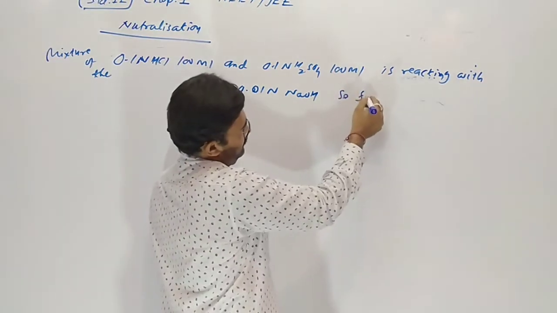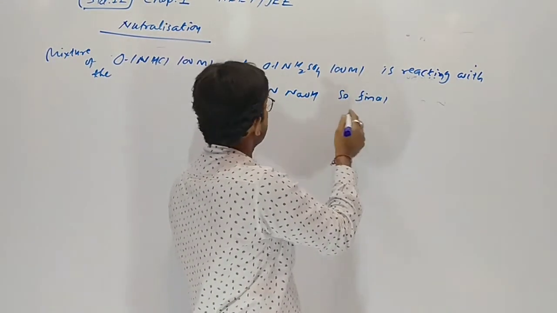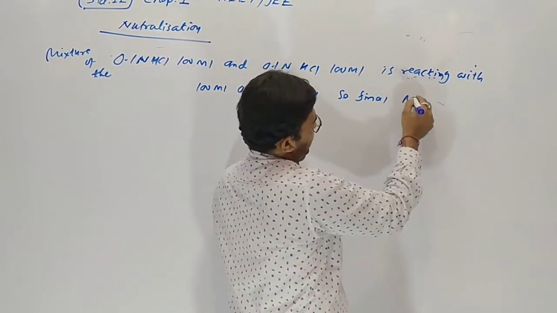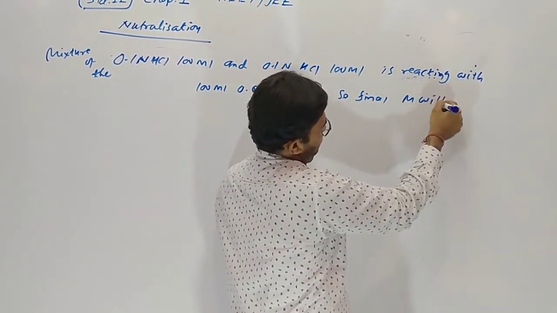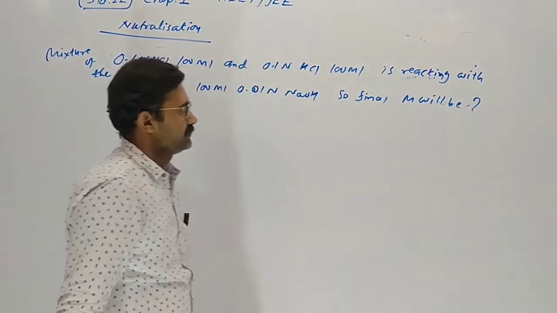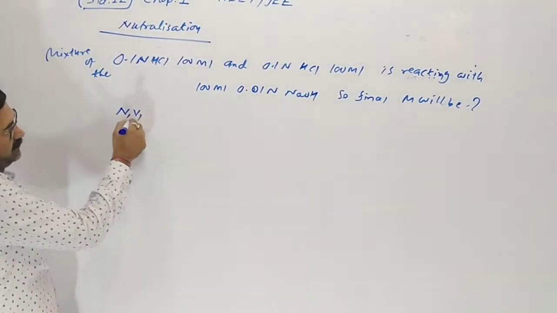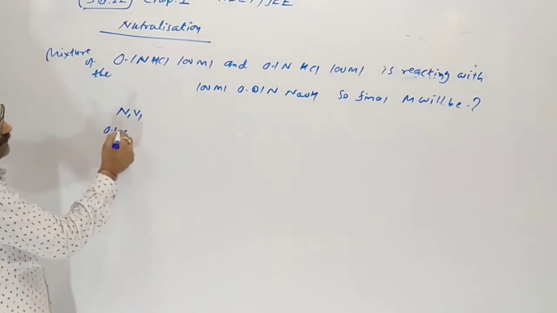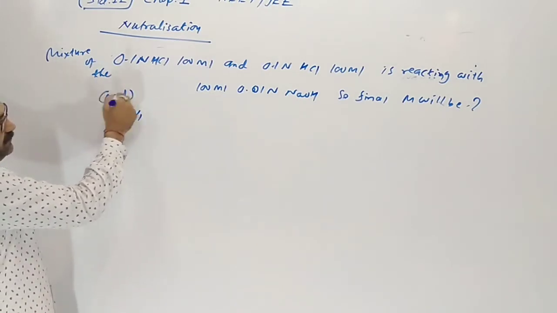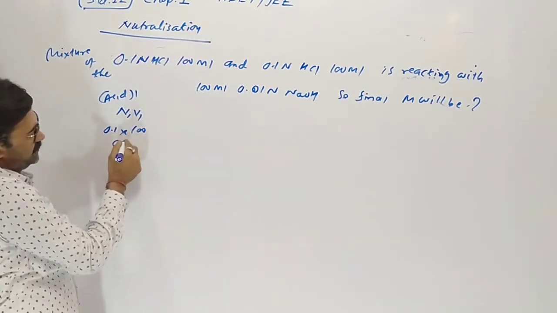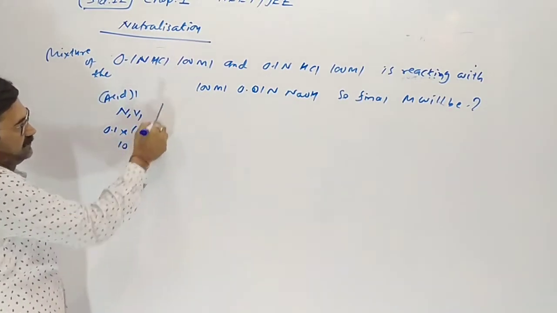So what will the final normality be? In the calculation we have to compulsorily take normality. For acid 1, N1V1 is 0.1 into 100, so 10.